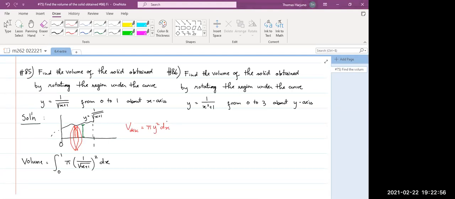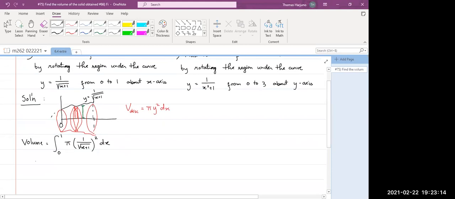Then the volume of this solid will be the summation of those very thin disks. That's the setup. Of course, then we can take the pi out: integral from 0 to 1 of 1 over x plus 1 dx.